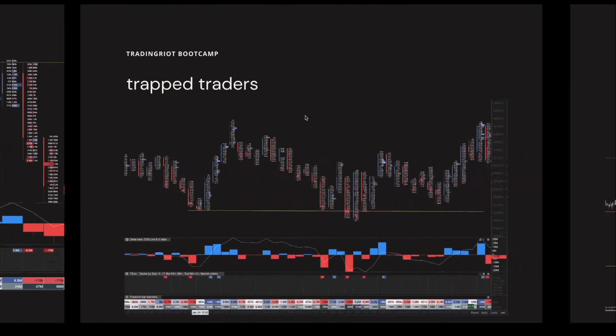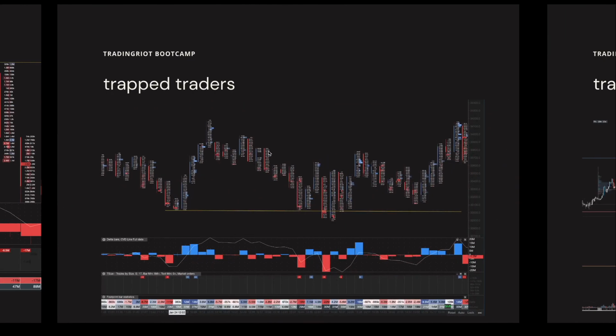Once again, the trapped traders. This is one of those examples, as I mentioned, where the candle is actually going to close below the level, which for most simple price action traders is a signal of continuation. But look what happened. Market closed below the level, you had large selling, minus 22 million delta in a candle, and market immediately bounces back with the selling happening on the downside.